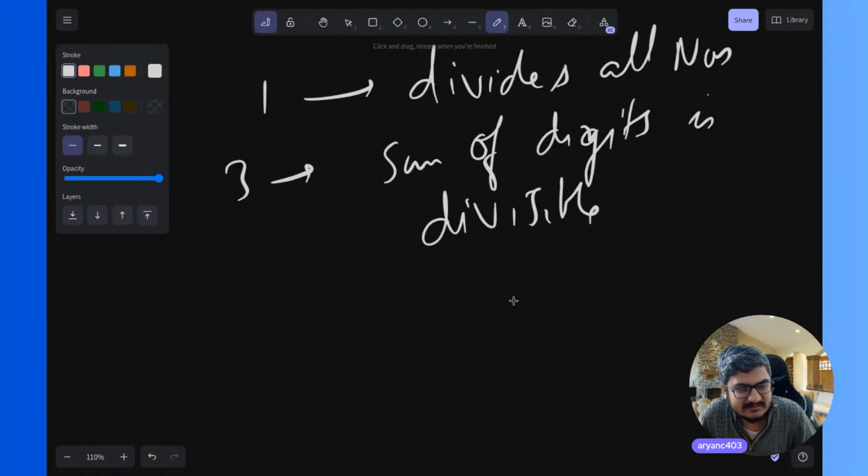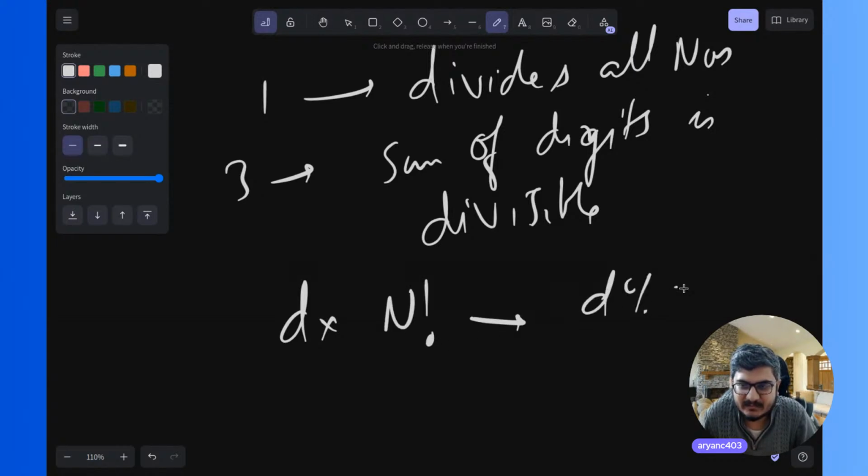And the sum of digits would be d times n factorial. So either d should be divisible by 3 or n factorial should be divisible by 3, which happens when n is greater than or equal to 3.